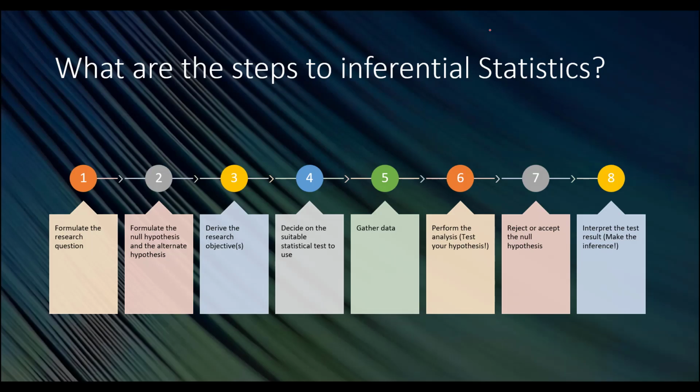The steps to inferential statistics begin with the formulation of the research question, which will become the null hypothesis. The objectives are the measurable means to answer the research questions. Thereafter, you should decide on the statistics to use, and that is the aim of this lecture. Please note that the decision on the statistics to use should be taken before data is collected.